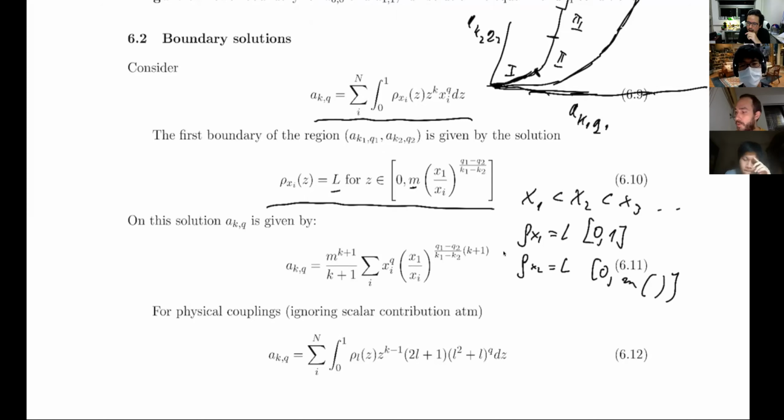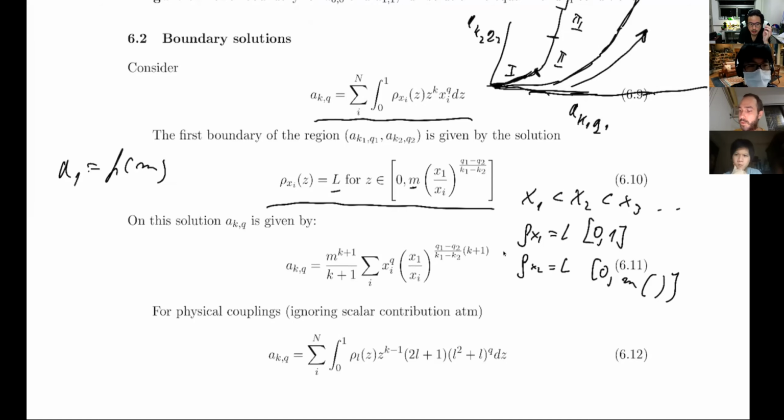This is the parameter that moves you along the boundary. As you increase M, you're moving around on this boundary. Right? So it's like a 1D boundary, so it needs one parameter. Because I will get the couplings as some function of M, right?